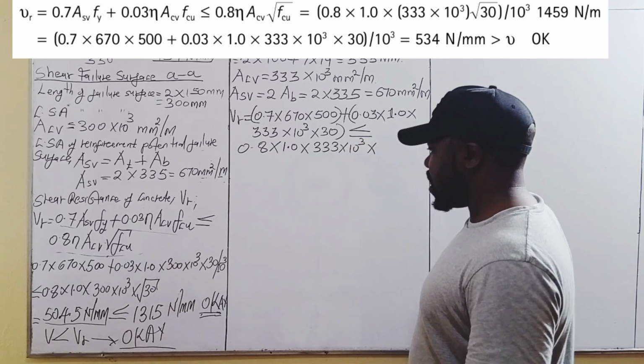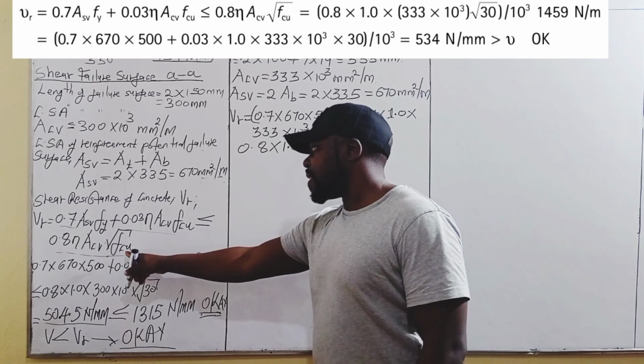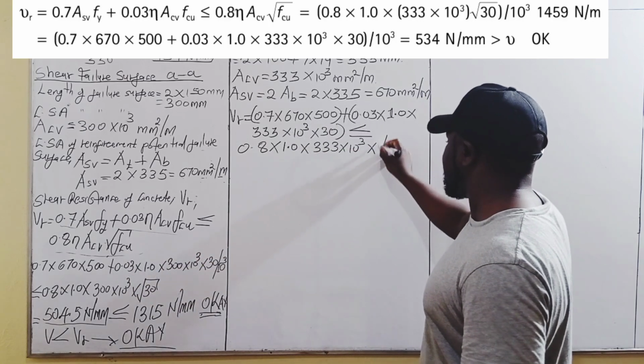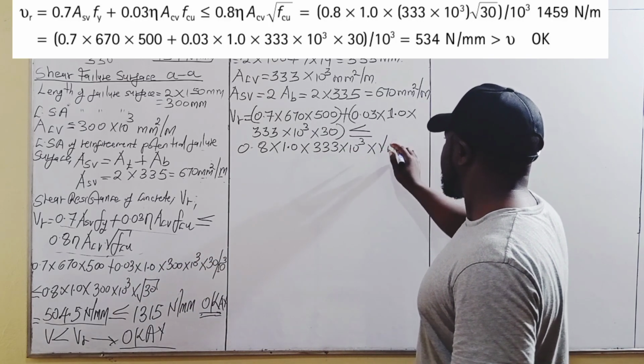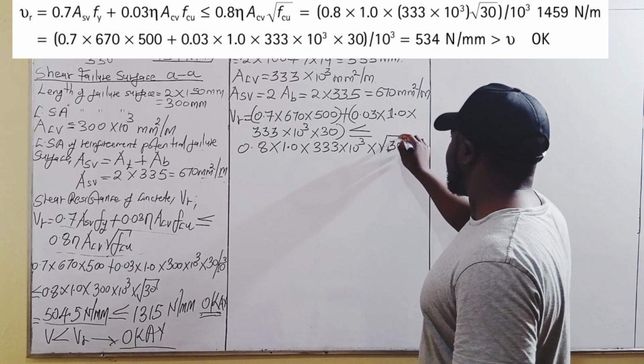Then we multiply this by the square root of characteristic strength of concrete, which is 30 newtons per square millimeter.